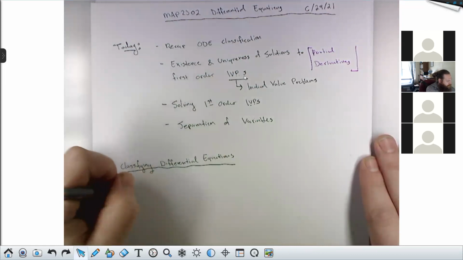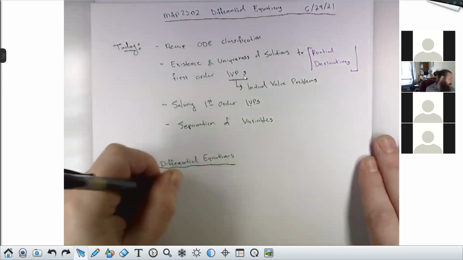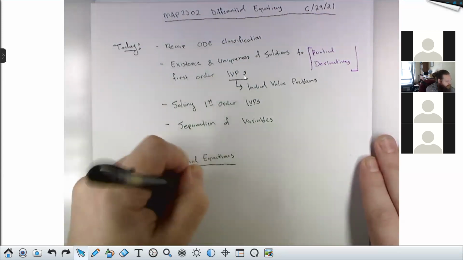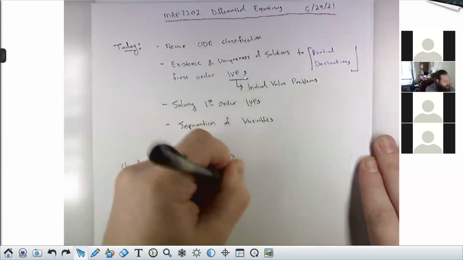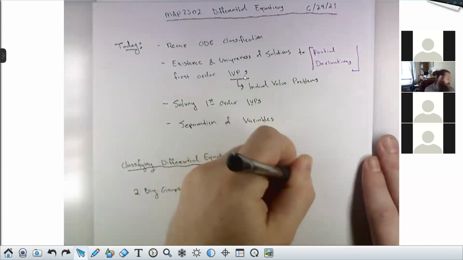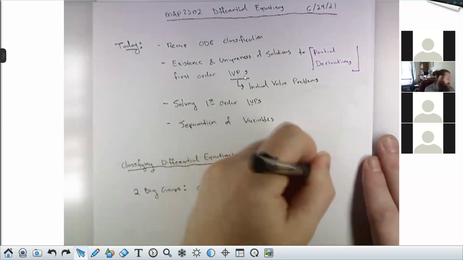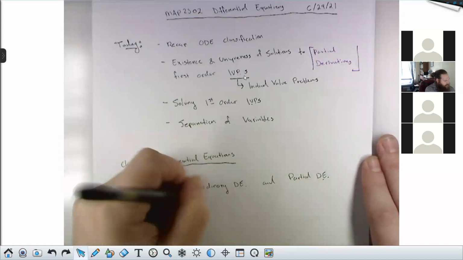You've got two big groups: ordinary differential equations and partial differential equations. These we call ODEs.